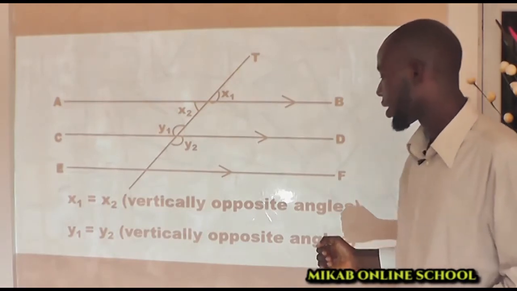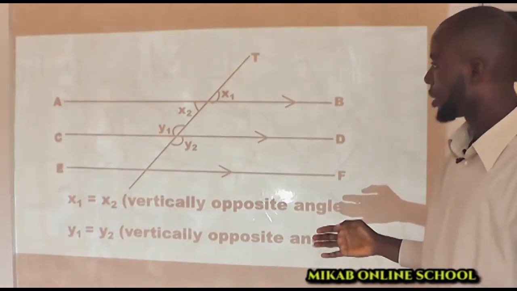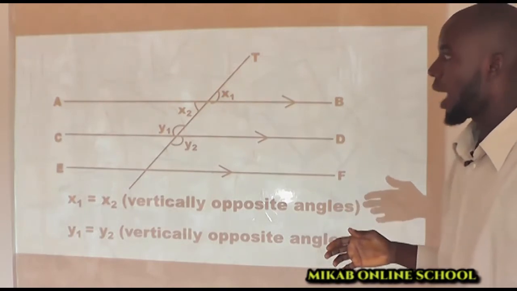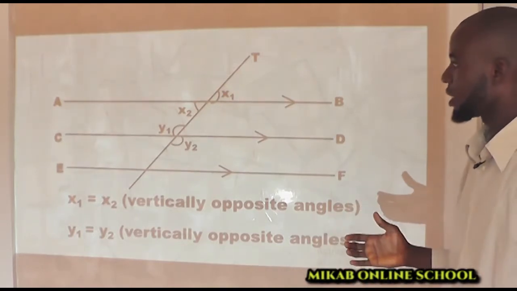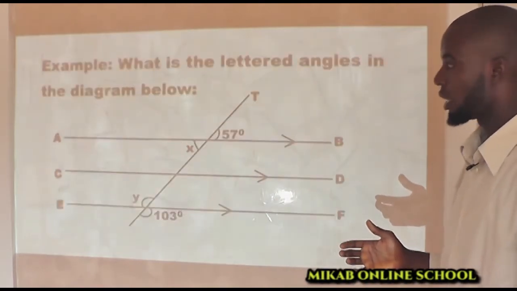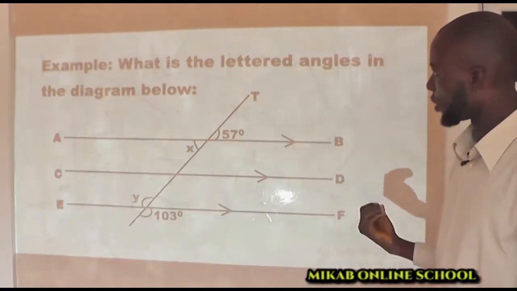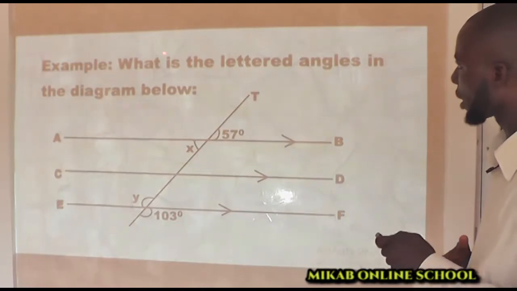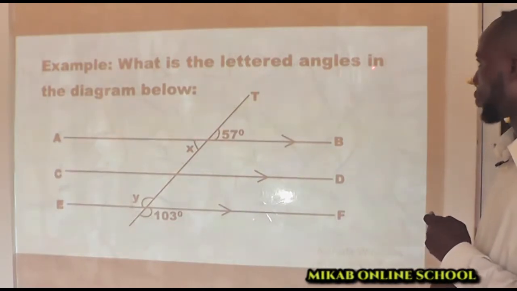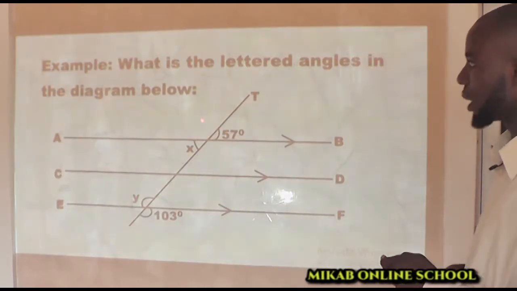We are going to take a good look at an example under vertically opposite angles. The question says: find the lettered angles in the diagram below.